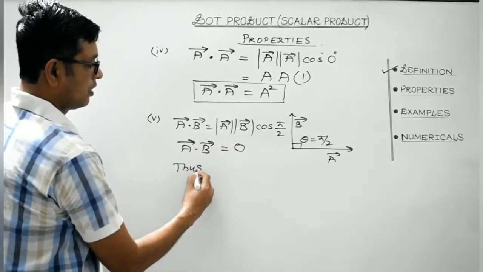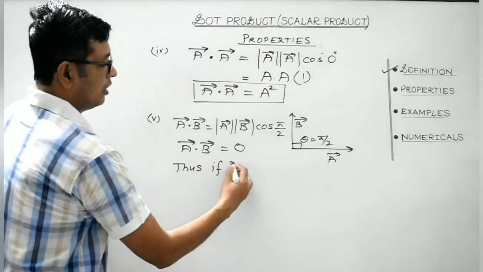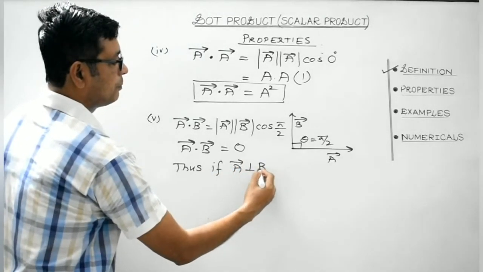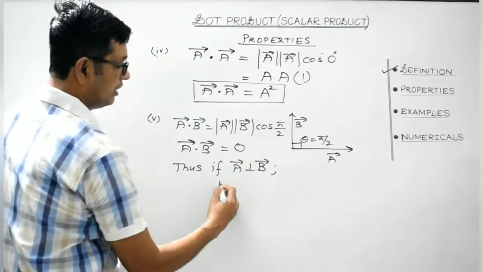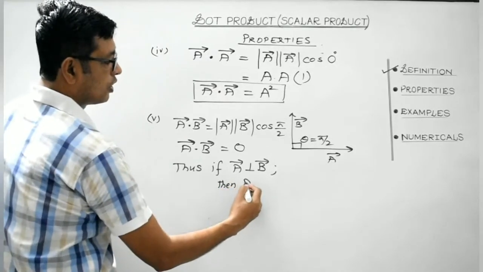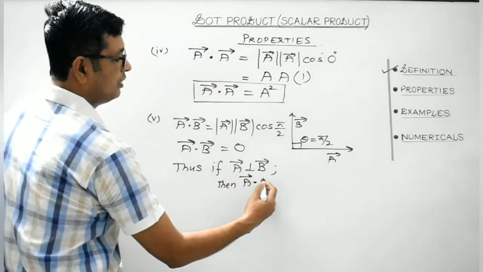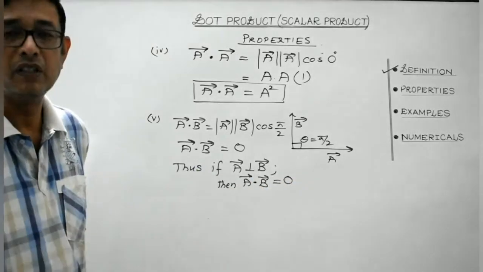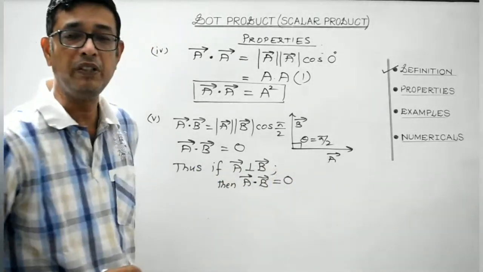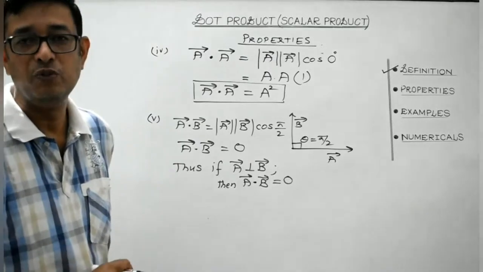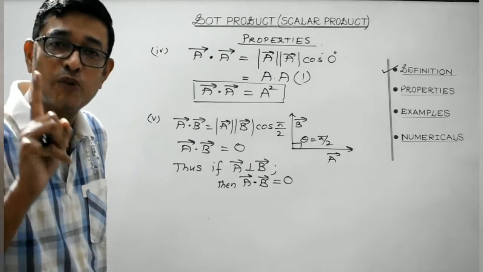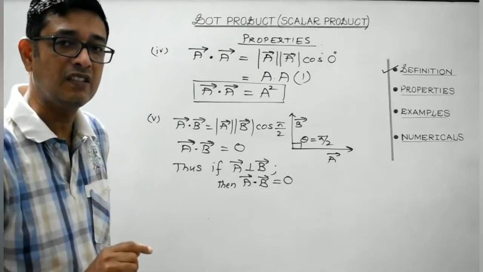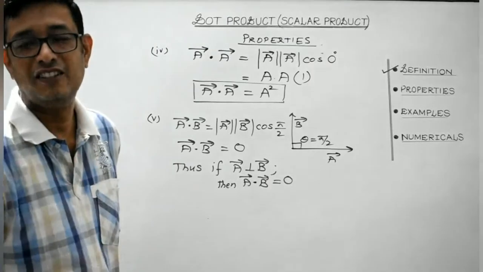Thus, if the two given vectors are perpendicular to each other, then their dot product is always equal to 0. Please do remember it. This particular concept will be used in solving certain numericals. So, the dot product of two perpendicular vectors is always 0.